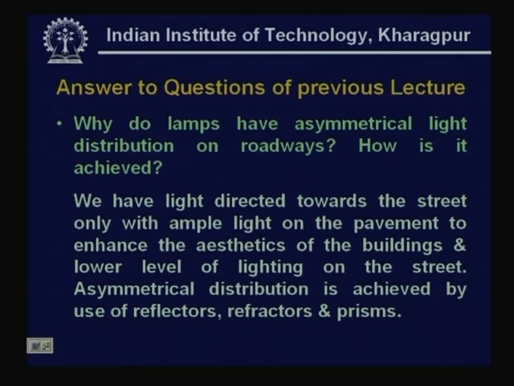This applies to the lighting within the city, where enhancement of the aesthetics of the buildings is required. The asymmetrical distribution is of course taken care of by suitable design of the reflectors, refractors, and prisms that are employed within the luminaire.